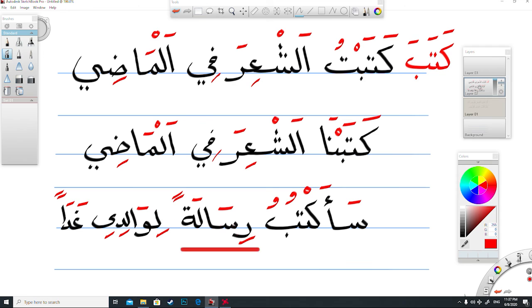Here we added sa for the future, as you know, and we added also alif, and we changed the diacritics. We can also add sawfa instead of sa, and it's the same.